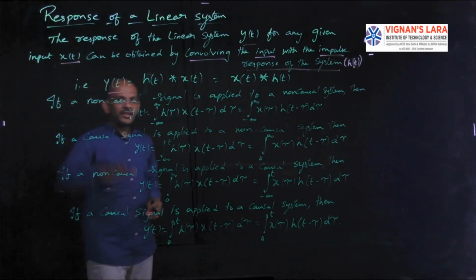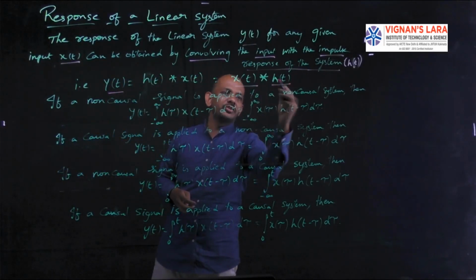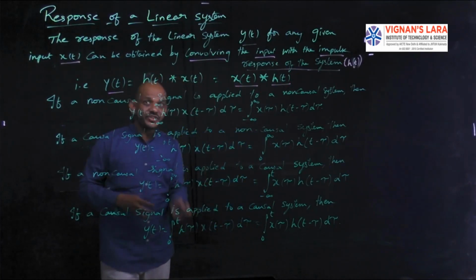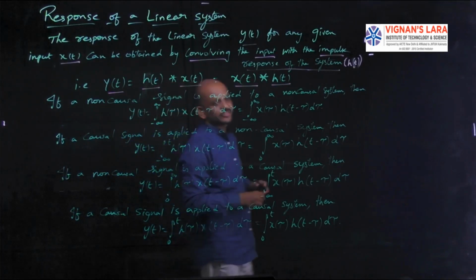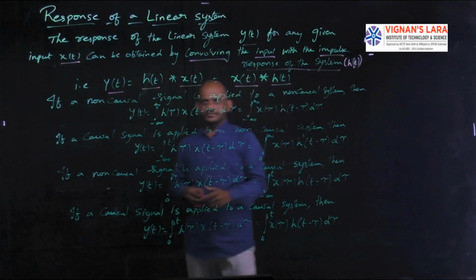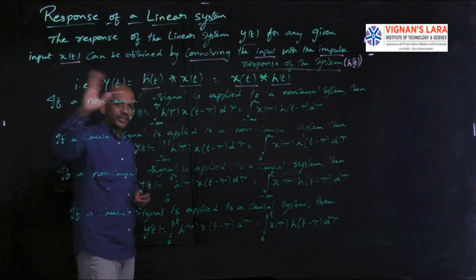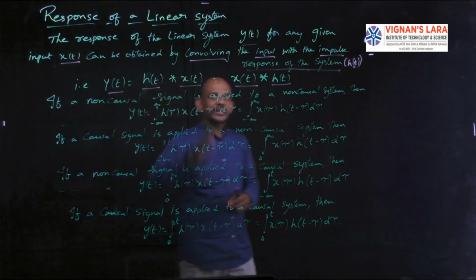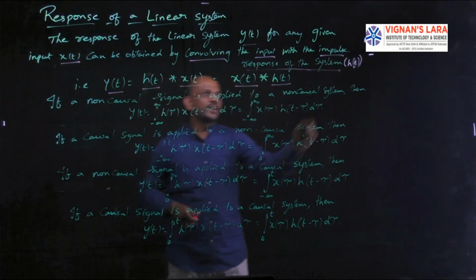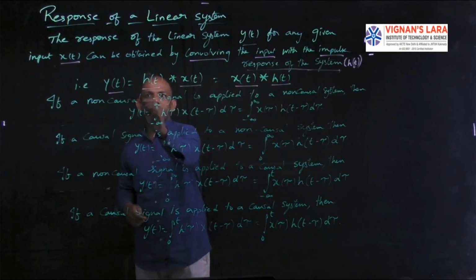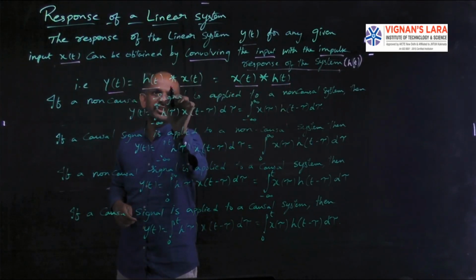Simply y of t equals x of t convolution h of t, or you can write y of t equal to h of t convolution x of t. Both are the same. Here the convolution is represented with the star.